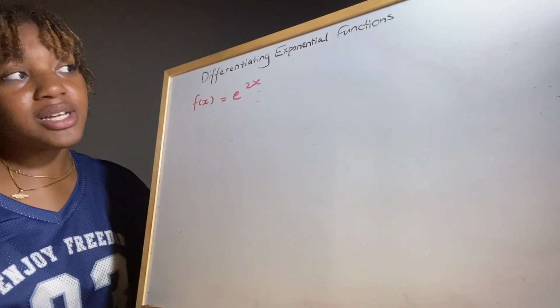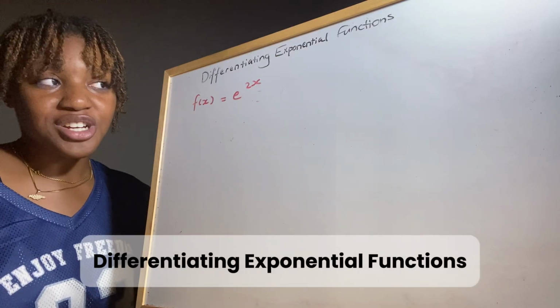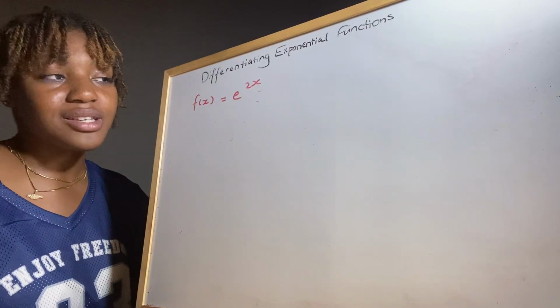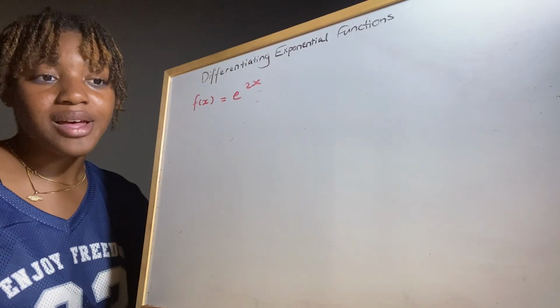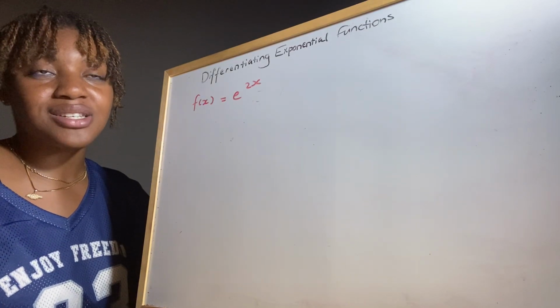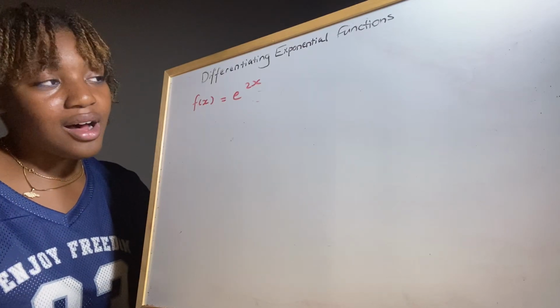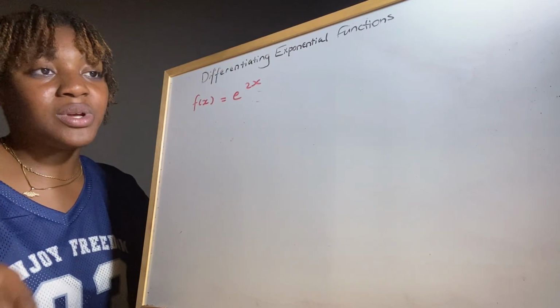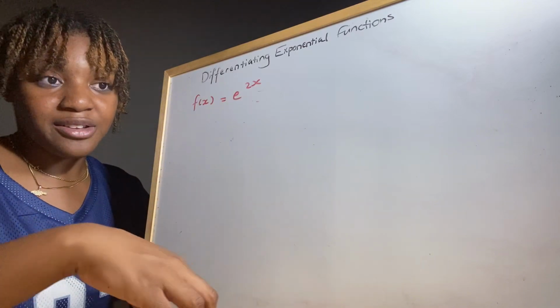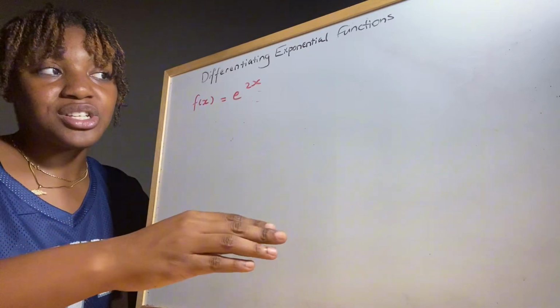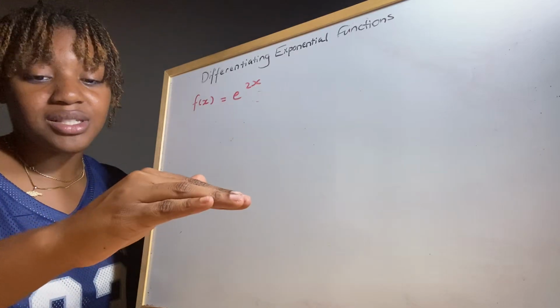We now move on to differentiating exponential functions. So here we have f of x is equal to e raised to 2x. When we're differentiating functions that involve exponents, all we have to do is differentiate the power and let the differentiated power be the coefficient of the statement, and then leave the statement as it is.